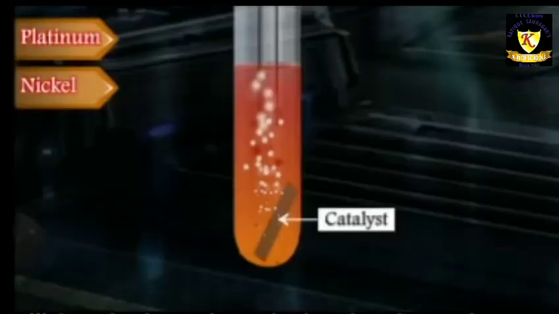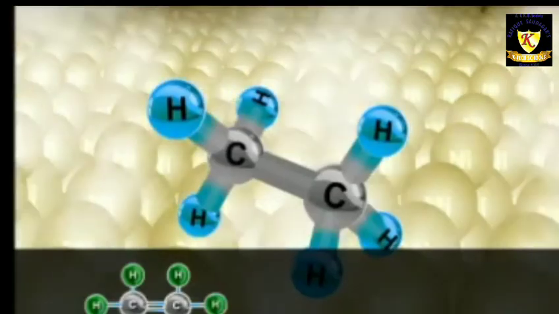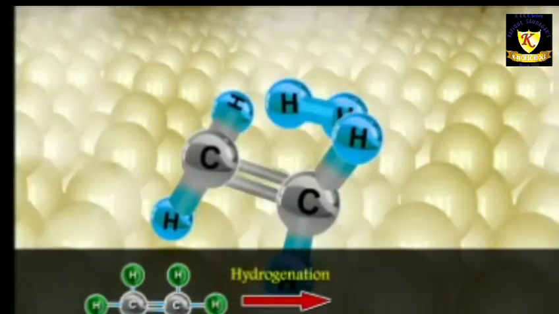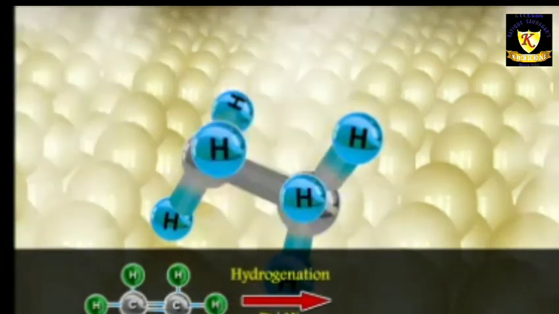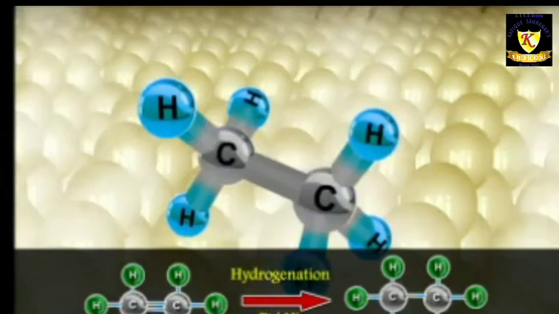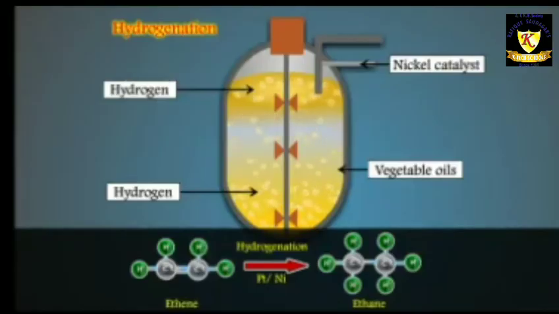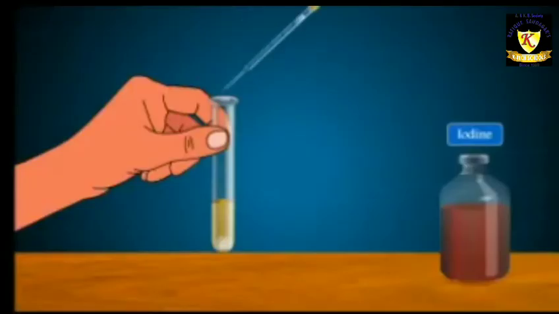We have already seen that a catalyst is a substance due to the presence of which the rate of reaction changes without the catalyst itself being changed. Ethene on hydrogenation with the catalyst platinum or nickel gives ethane. This reaction is used for hydrogenation of vegetable oils in presence of nickel catalyst.